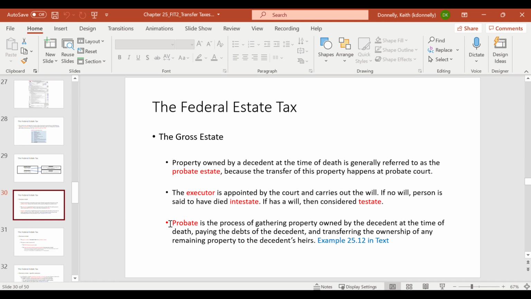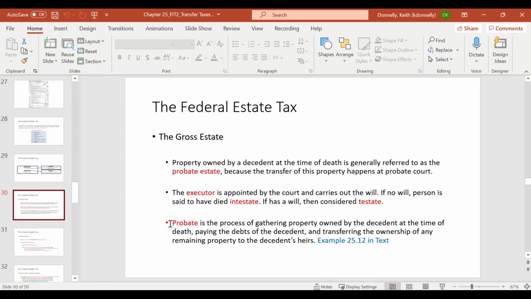Now, an executor will be appointed by the court and they're going to carry out the will. If there is no will, the person is considered to have died intestate. And if they have a will, they're considered testate. So you have a will, you're considered testate. You'll have an executor who carries out that will, who's appointed by the probate court.